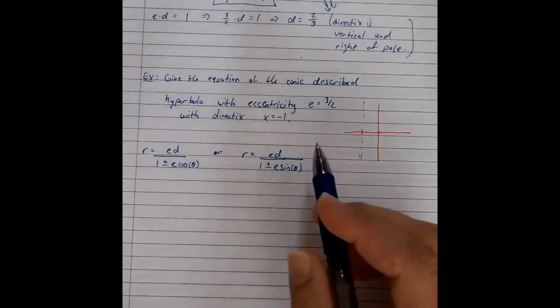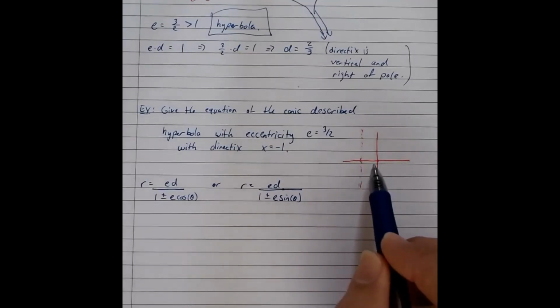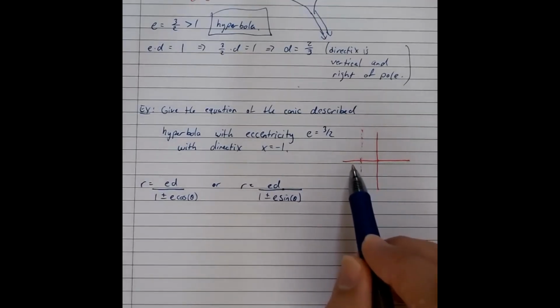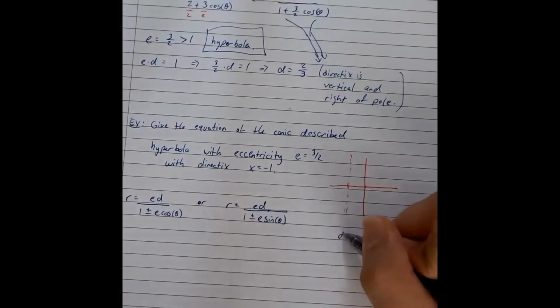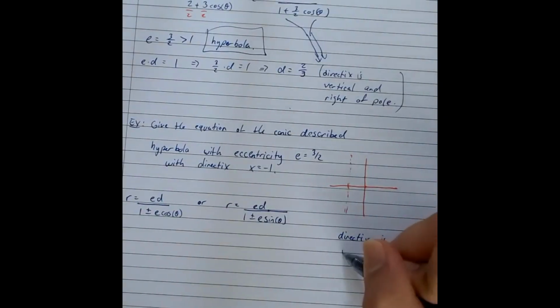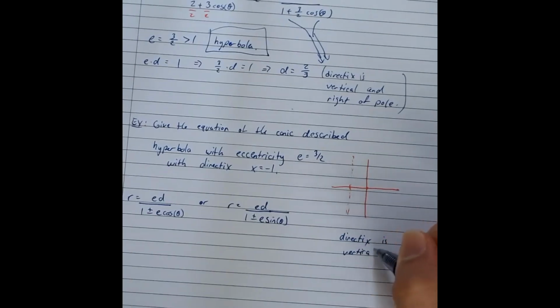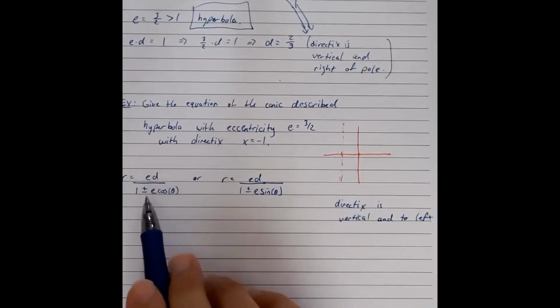All right, so let's take a look here. We know our directrix is going to be vertical and to the left. So because of this, we have a directrix that's vertical and to the left. Then we're going to use this version with minus.